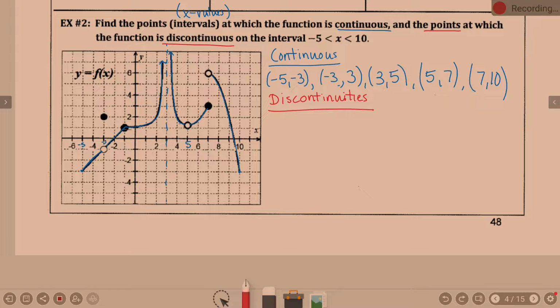You're going to give me a point that is discontinuous. I want to know, what is it? Is it a hole? Is it an asymptote? Is it removable? Non-removable? Point discontinuity? Jump discontinuity? Infinite discontinuity? Whatever information you can share. So, give me a point to start.